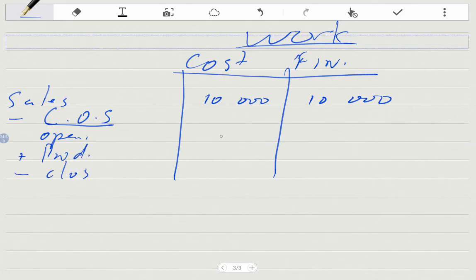So in this case, we've got an opening on the cost side of 6,821, whereas the financial side has 7,259. Then the production, let's say we've got the same production. Let's put it at 10,000. And the closing 8,000.